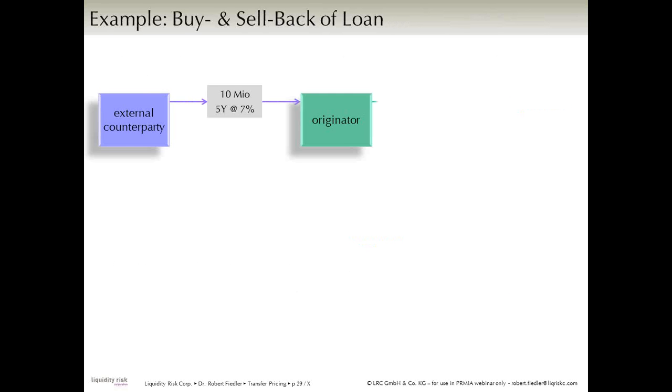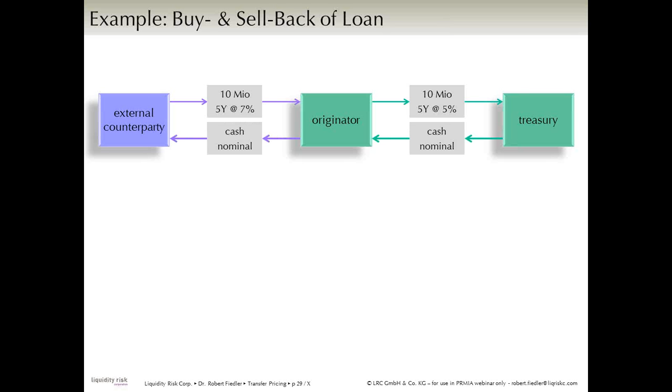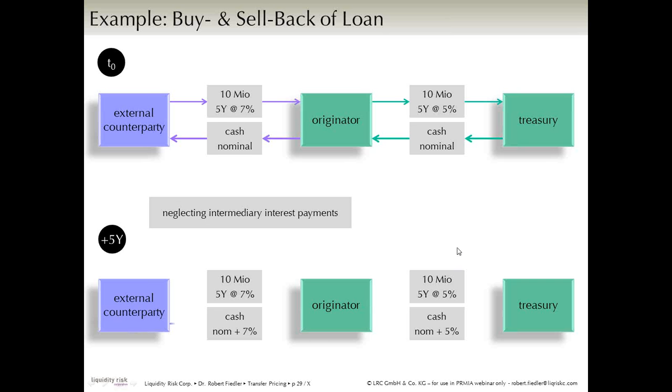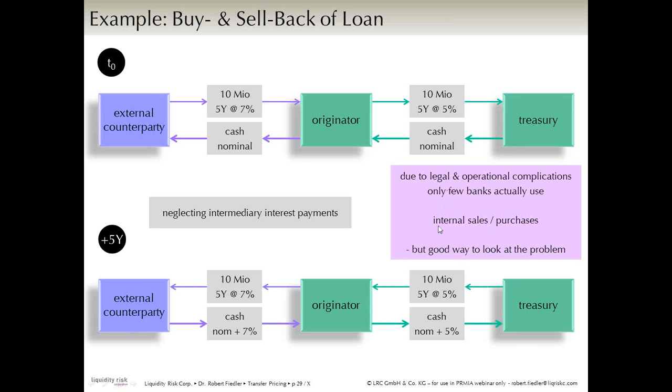Okay, so if we have a picture showing this, basically the loan is sold onto the Treasury, and then if you neglect the intermediary interest rate payments, it simply goes back at the maturity like that. I think it's a good way to look at these things, although very few banks use these internal sales and purchase agreements. In reality, there are legal constraints and operational complications. But it's a good way to look at the problem.